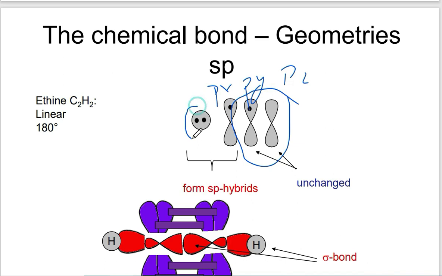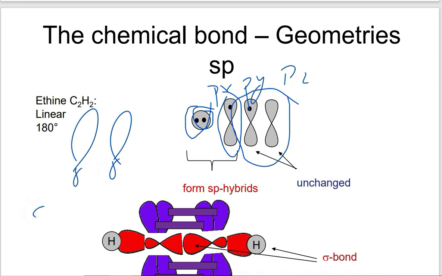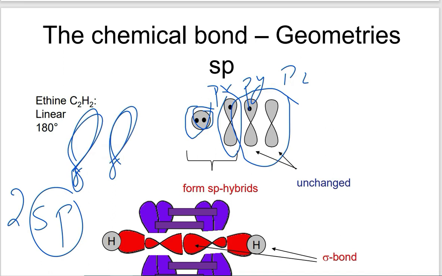And now only one of the p orbitals, which is px, plus the s, are giving us two different equal sp orbitals. This is called sp because only one of the p is contributing to the hybridization and the rest are unchanged. So in this case, 1s plus 1p, we get 2 sp hybrid orbitals. And these actually are the ones that will receive the H sphere.